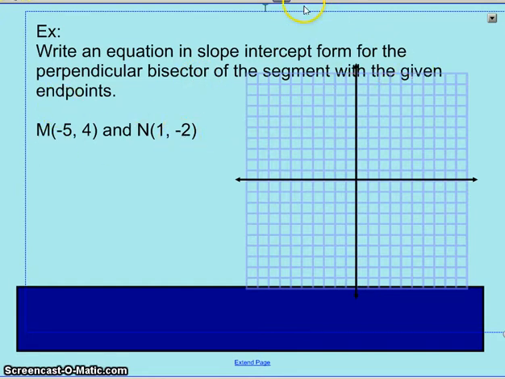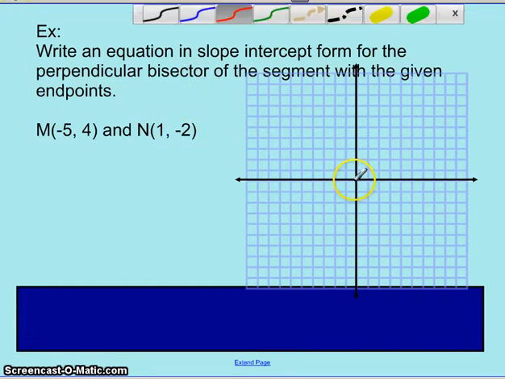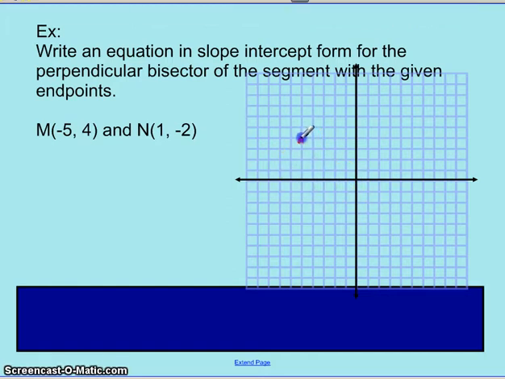So these are the two endpoints. We want to just start by graphing those. So 1, 2, 3, 4, 5, up 1, 2, 3, 4, and then N is at 1, -2. So these are our two endpoints, and we're supposed to come up with that segment bisector, the equation of that line.